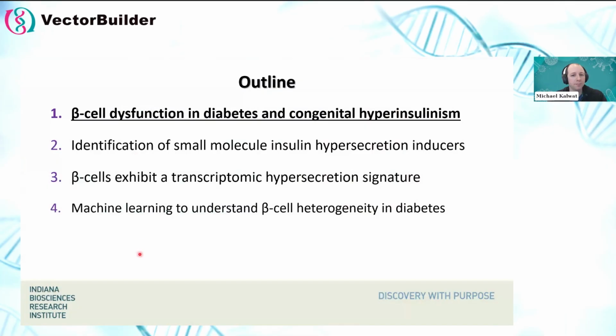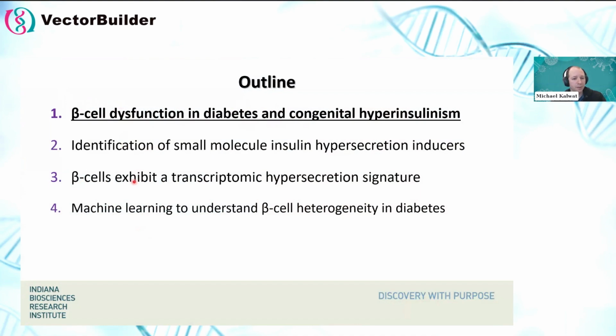So I'll just give you a little outline of what I plan to go over today. I want to talk a little bit about beta cell dysfunction in diabetes and in a rare disease called congenital hyperinsulinism. I'll give you some background on that, and I'll tell you about a high throughput screen we did where we identified a small molecule that causes beta cells to hypersecrete insulin.